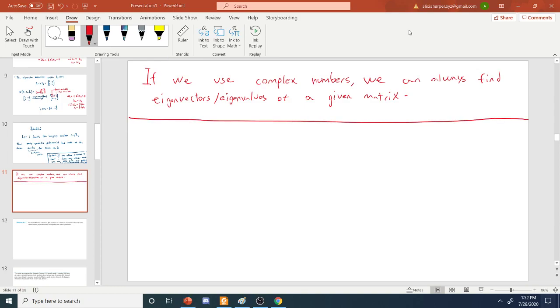And this is based on something called the fundamental theorem of algebra.